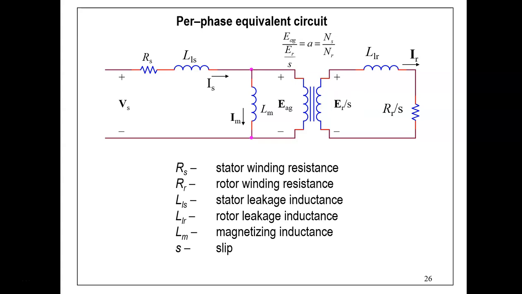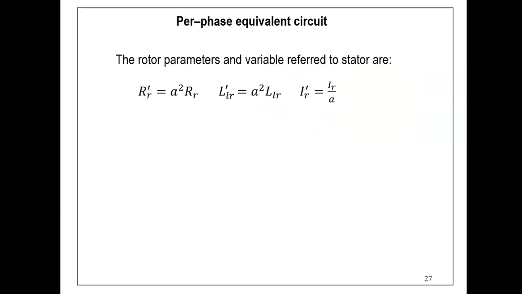We can remove the ideal transformer from the equivalent circuit by using the referred quantities. For example, if the rotor parameters and variables are to be referred to the stator, then we can use this transformation equation in order to transform the rotor parameters and variables to the stator.